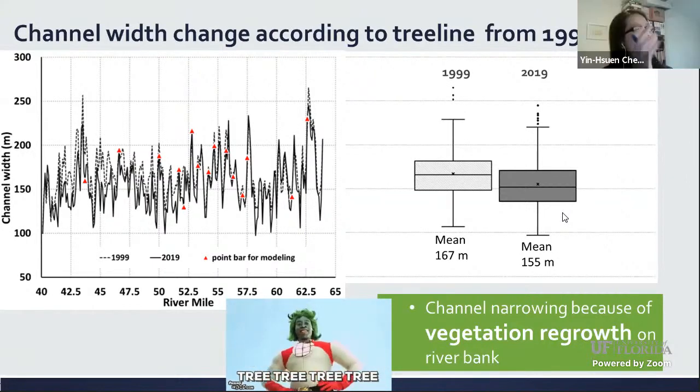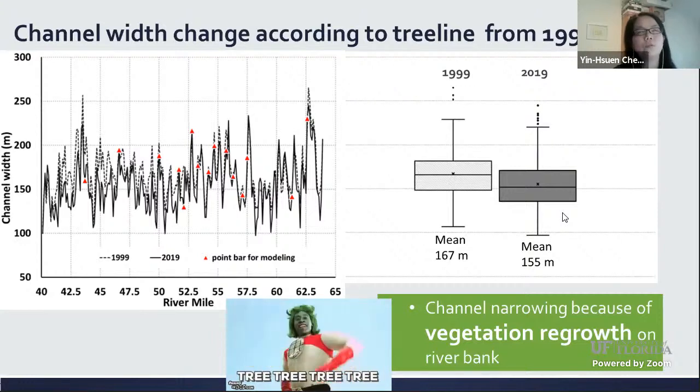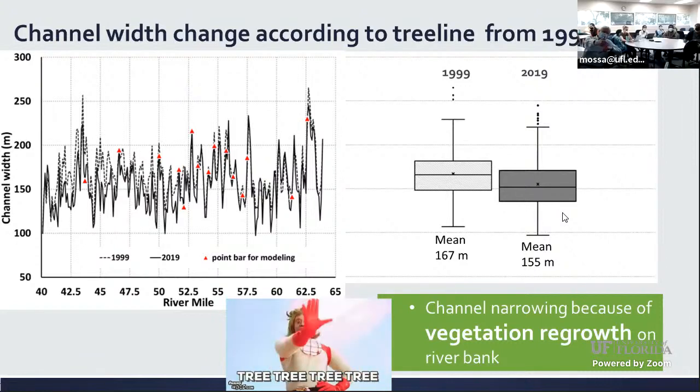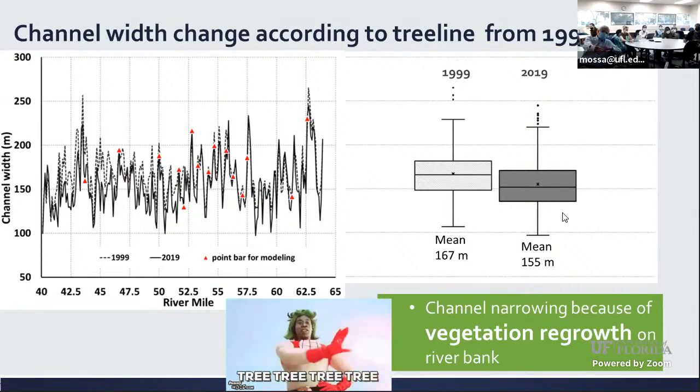The channel width is shrinking because of encroachment of the tree line to the water side. So I'm saying this point bar is recovered because in the 1940s era photo, the channel is much narrower compared to the channel now. But the idea is that the regrowth of the riparian vegetation on part of the point bar is new ground.